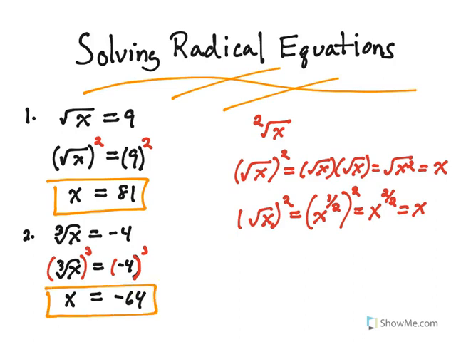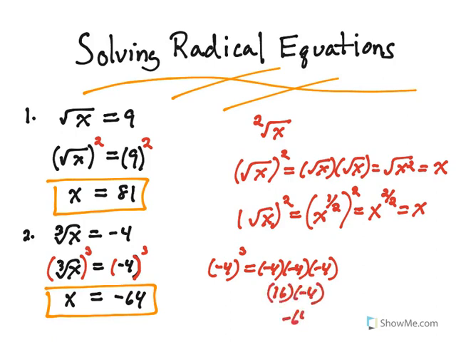So remember, when you do this, -4 to the third power means -4 times -4 times -4. -4 times -4 is positive 16, and then you multiply that by -4, and you get -64.